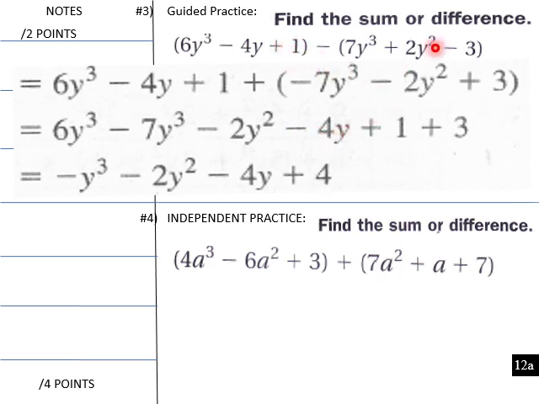Then we have 1 and then plus 3. Now we're going to combine now that we've grouped like terms. 6y cubed minus 7y cubed will be minus y cubed, minus 2y squared, minus 4y plus 4. So here is your simplification of this difference here.